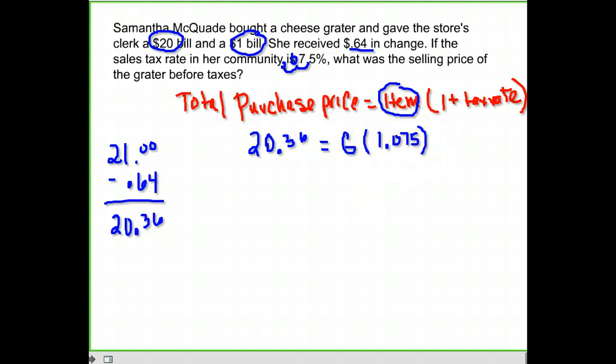Very good. So we've done examples like these before, where we have something times a number and we want to solve. We use our algebra skills. We want to solve this equation for G. So right now G is times 1.075. To solve this, we do the opposite and divide both sides by 1.075.